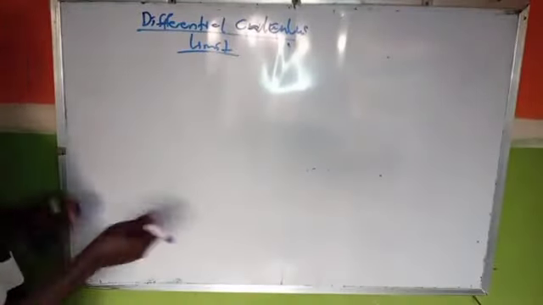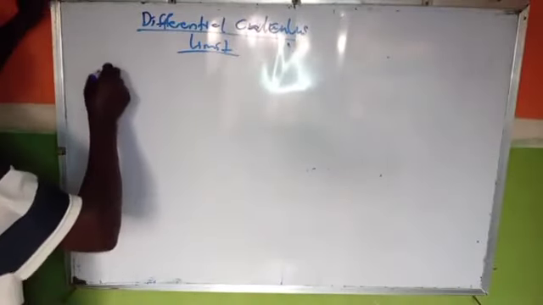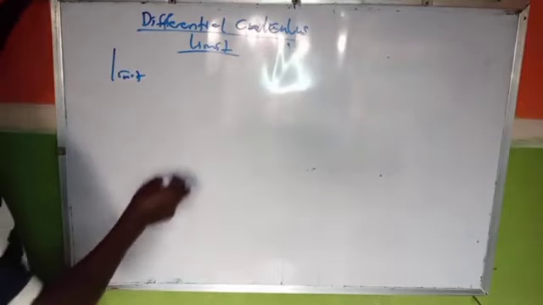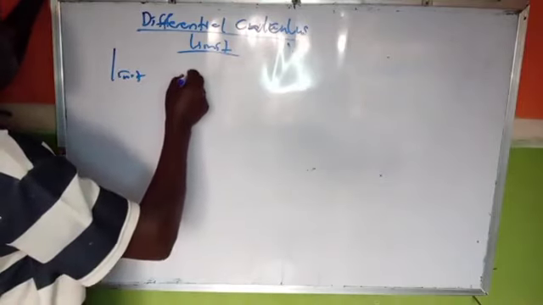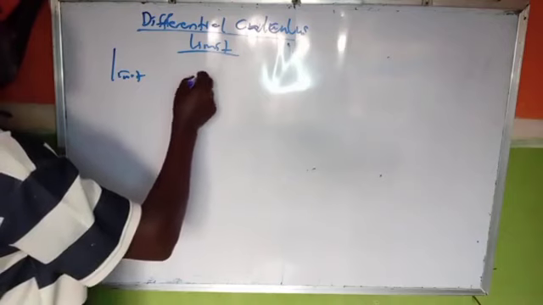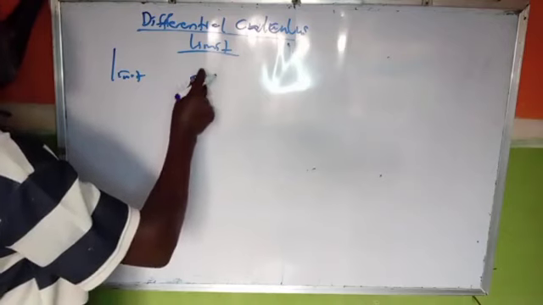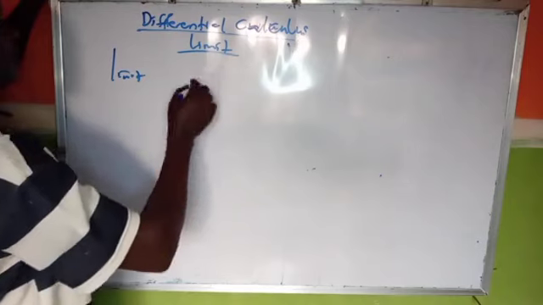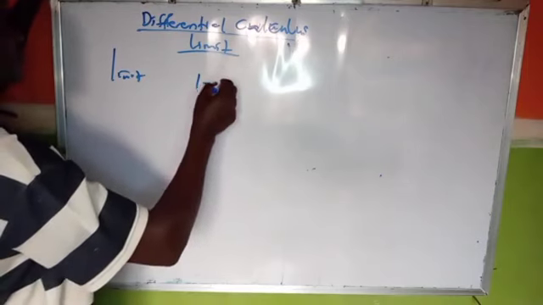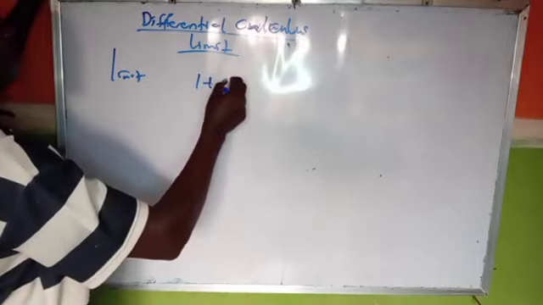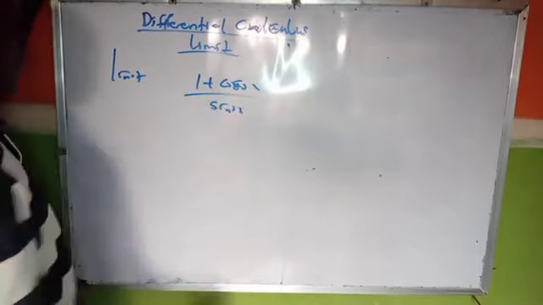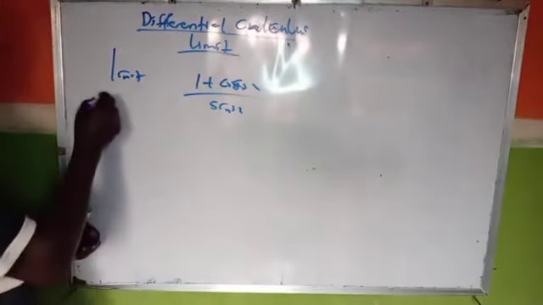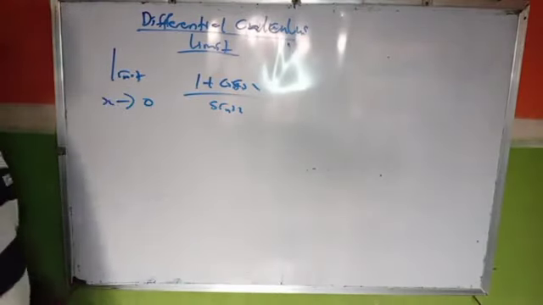Now look, let's say you have the limit of 1 minus cos x over sine x, as x tends to 0.